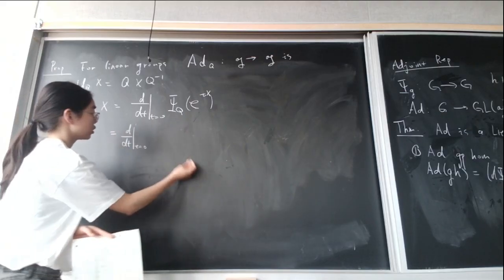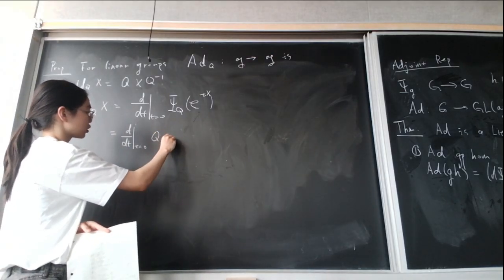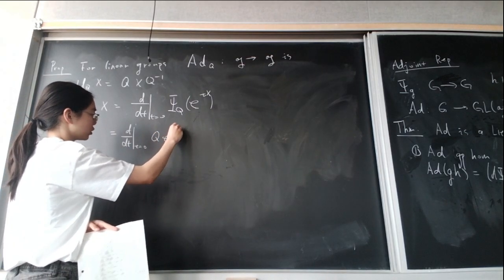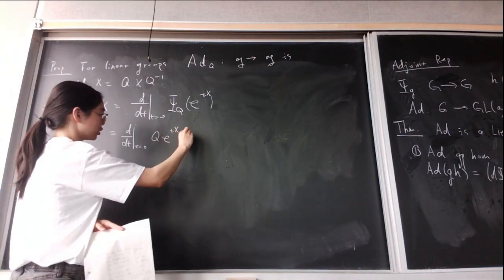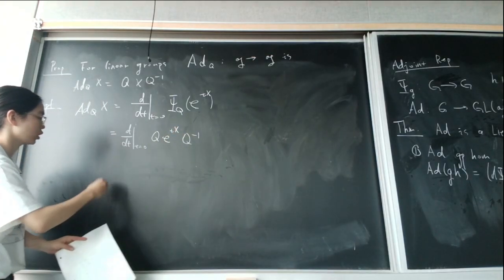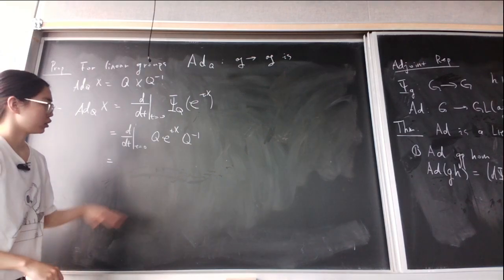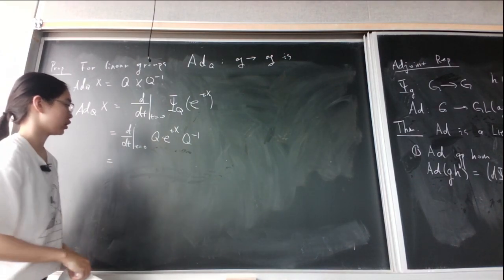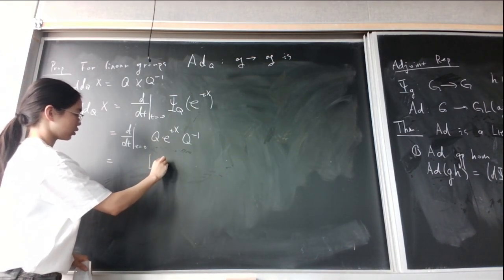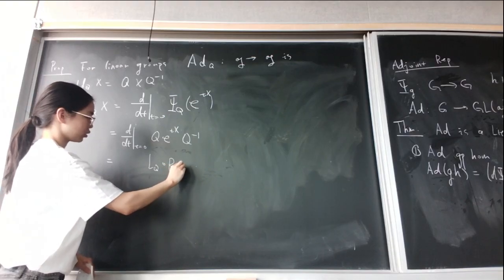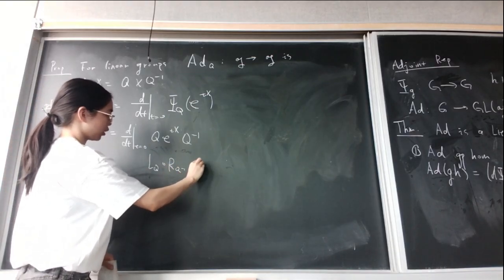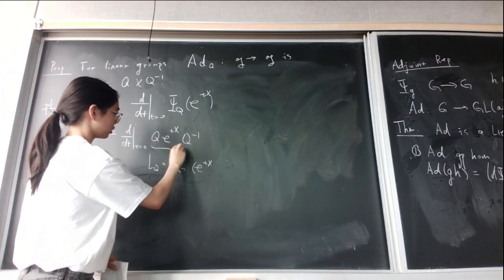And this is just equal to q e to the tx q inverse. You can think of this as left multiplication by q composed with right multiplication by q inverse applied to e to the tx.